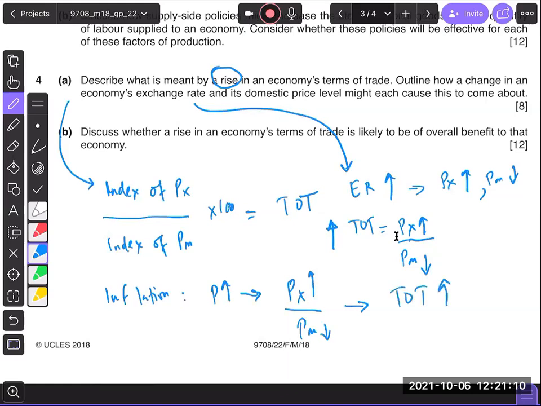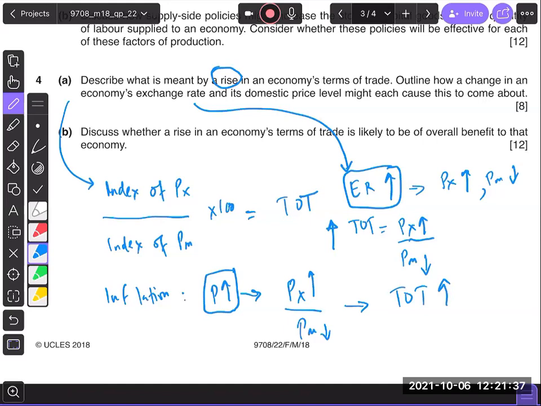So you want more inflation, and you also want a strong exchange rate, right? Got it?